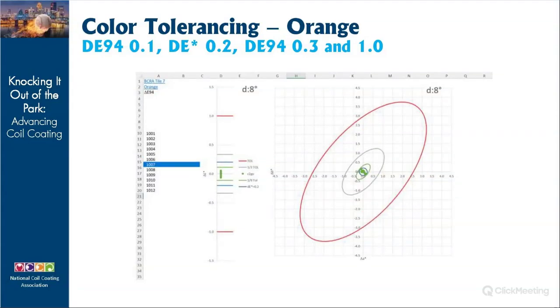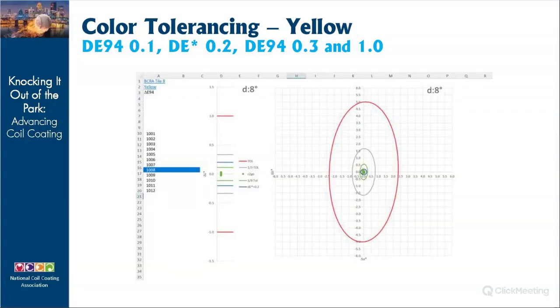So this is an orange. Again, we see really good inter-instrument agreement, which is showing the measurements for lightness and darkness here, and it's still well within the 0.1 tolerance for delta E94. Then we have a yellow. Again, pay attention to these axes.